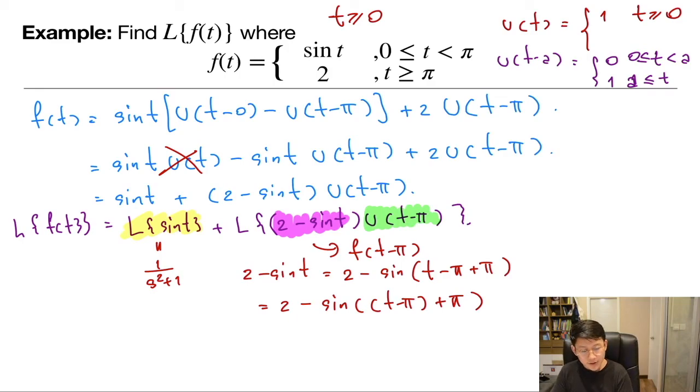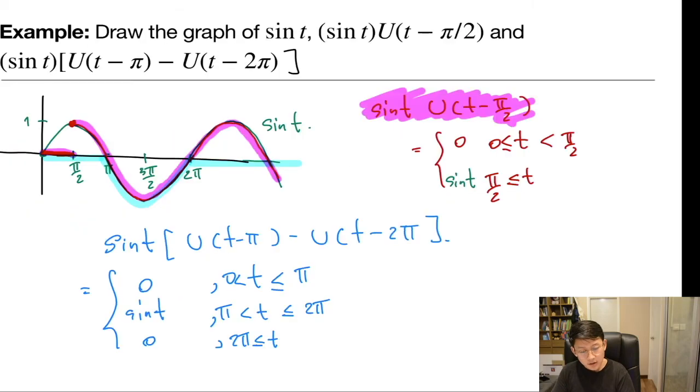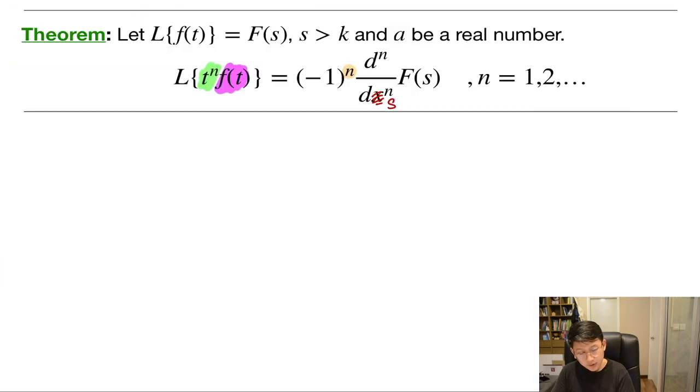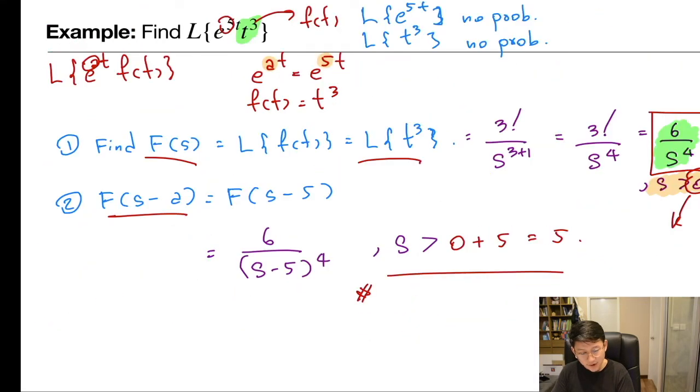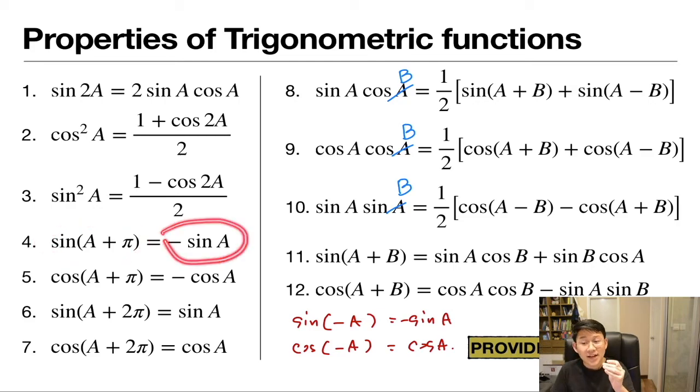But guys, if you go back to the trig properties, it's really far away, but you have it somewhere. It's here. So sine of a plus pi is actually minus sine a. Sine of (a + pi) is minus sine a.